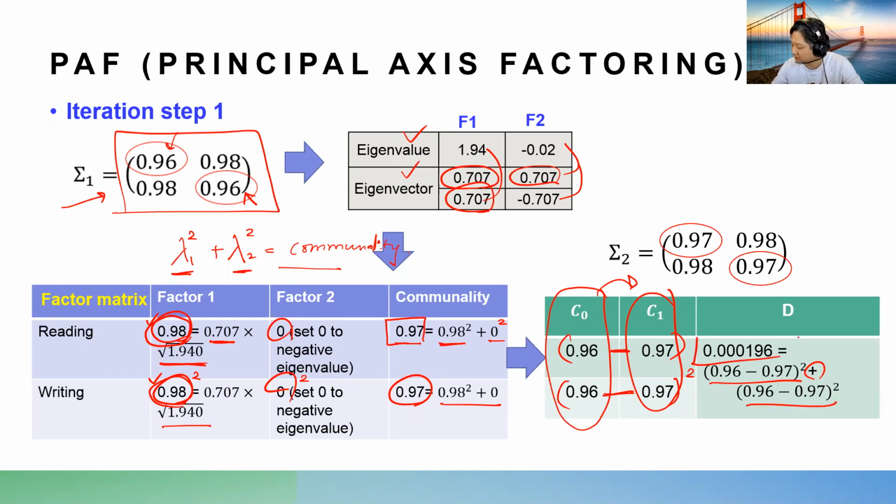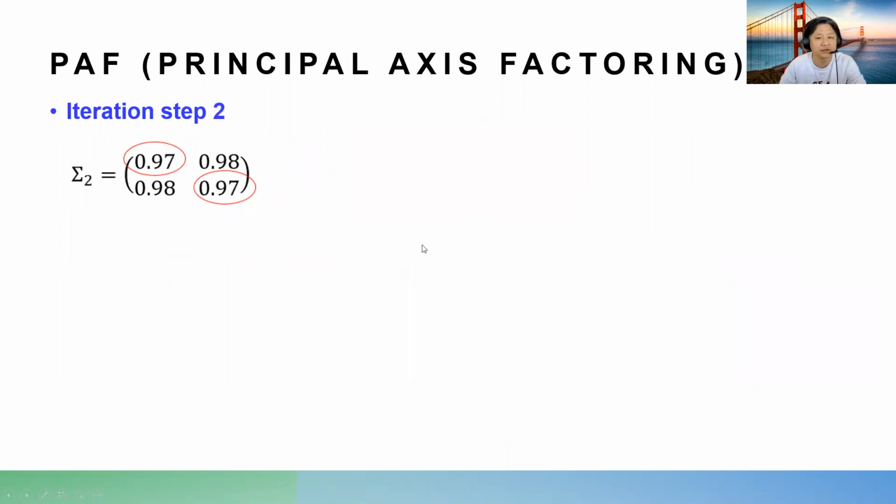That value is 0.00196, but our criterion is 0.0001. We want this value to be less than the criterion, but it is still greater than our criterion. So we'll do one more iteration step.